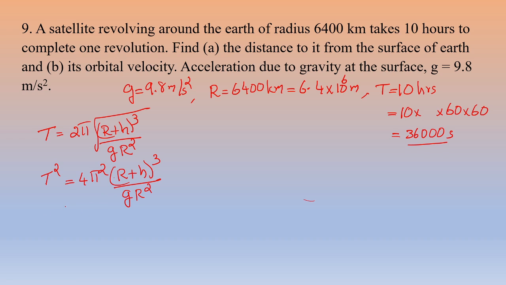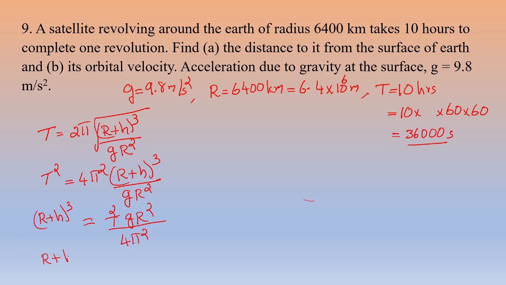So r plus h whole cube is equal to T square g r square by 4 pi square.